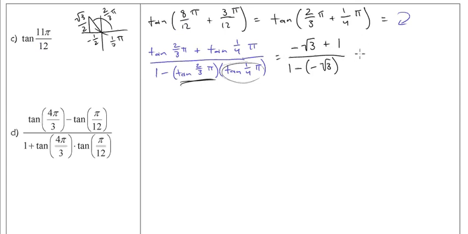All right, let's rewrite this as 1 minus the square root of 3 over 1 plus the square root of 3, multiplied by the conjugate, so 1 minus the square root of 3 over 1 minus the square root of 3.